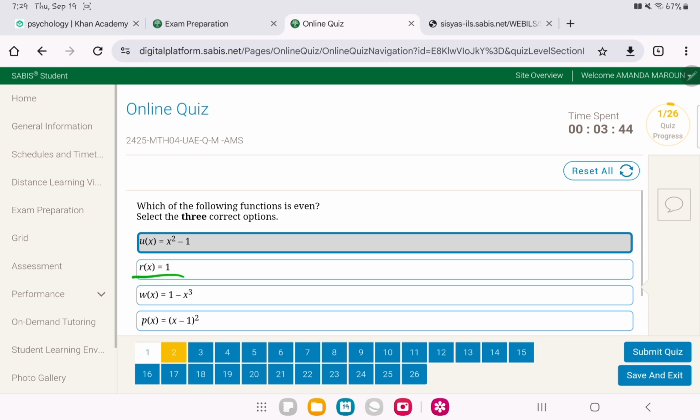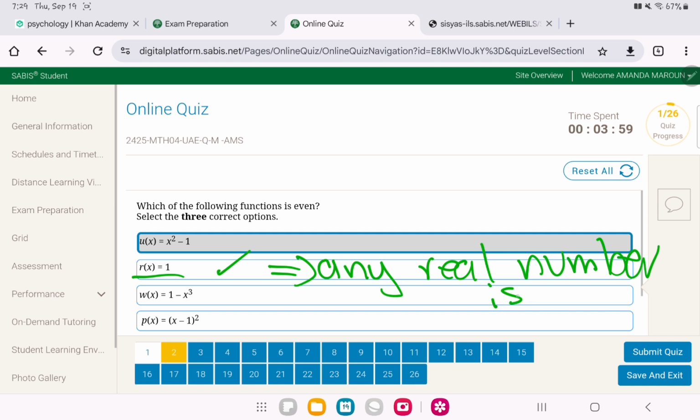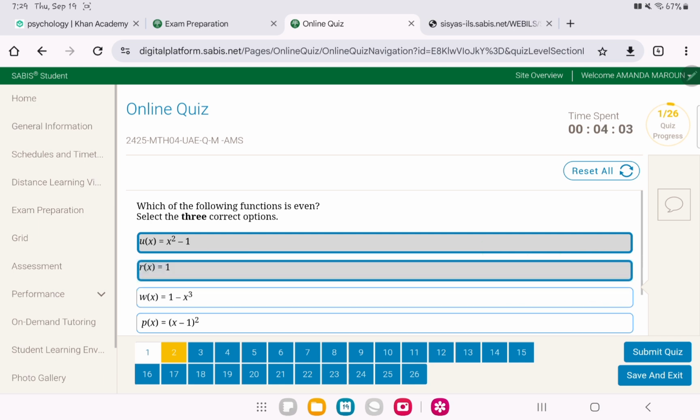Now, anytime you see a number without x, without any variable, any whole number or any real number without a variable is even. So any real number is even. Okay, so this is for this one.